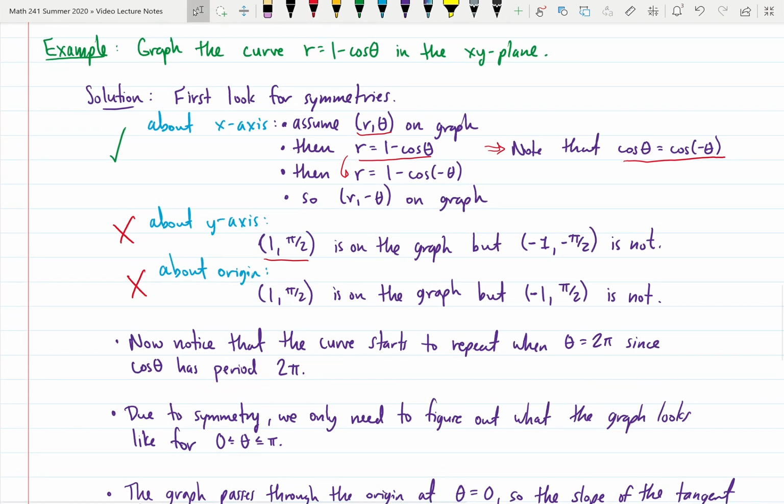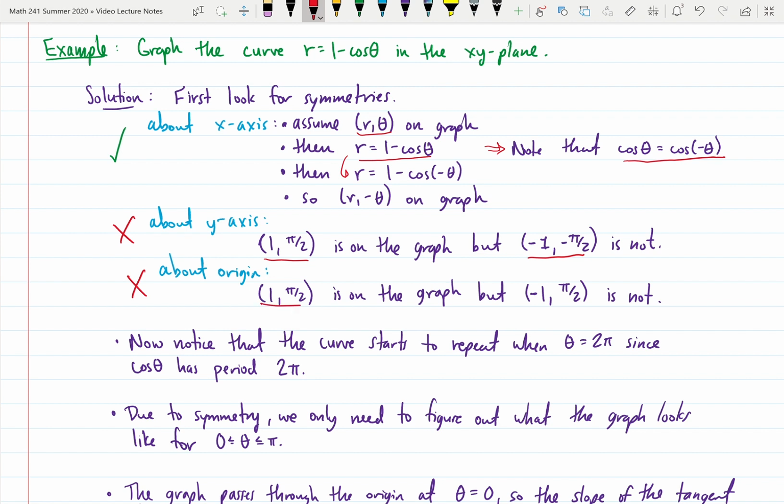You can verify that it's on the graph. But minus 1 minus pi over 2 is not on the graph. And this implies that we do not have symmetry about the y-axis. So if you need to check the calculations there, I encourage you to just pause the video and make sure that that's actually correct.